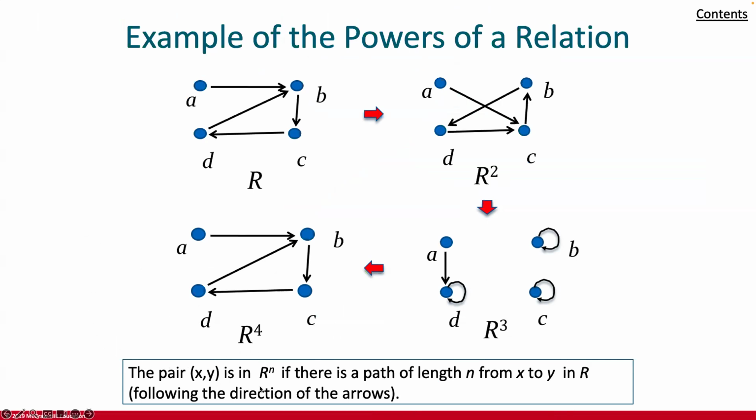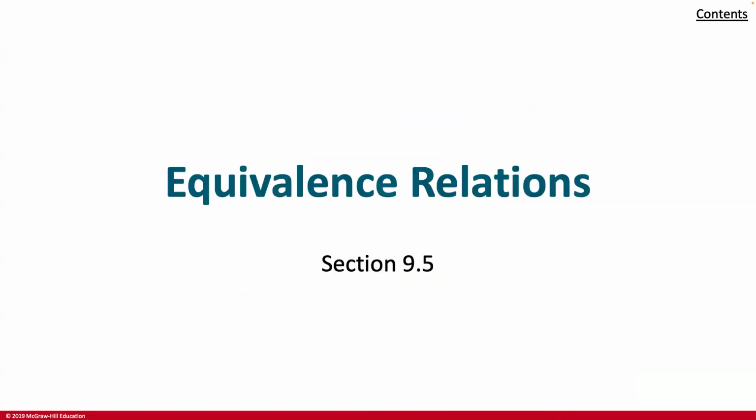The pair (x, y) is in r to the n if there is a path of length n from x to y in r, following the direction of the arrows. I'll refer you to Rosen for more insight, but you've seen a couple of examples of how to represent these relations in matrices and digraphs. That's the main point I wanted you to capture from that section.